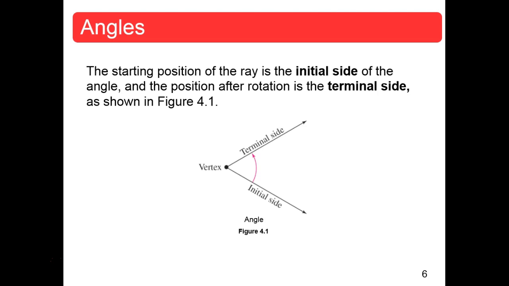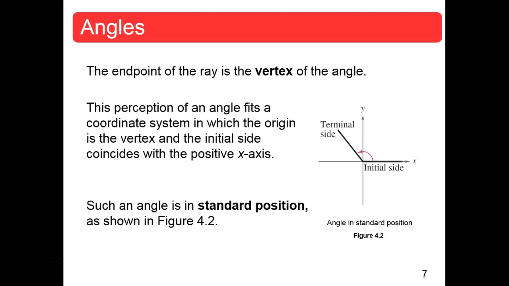Okay? And for a while, we're going to talk about what kinds of units we use to define the angle. Okay? The endpoint of that ray, as I showed before, is called the vertex, and the perception of an angle fits a coordinate system in which the origin is the most handy place to put that vertex. If you put the endpoint there, then you can rotate around there, and everything pivots around the origin of that coordinate system. Okay?